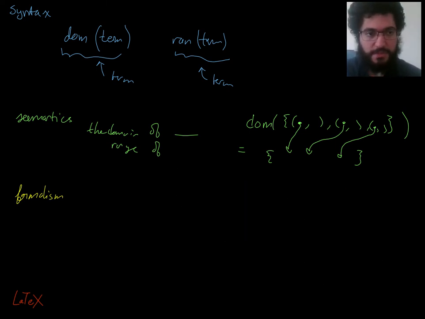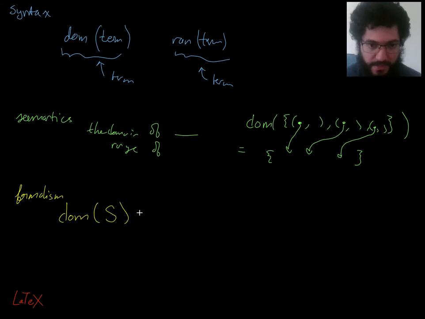Okay, now for formalism. So finally the definition. The definition of the domain of something, let me call it S, is, okay, so how are we going to do this? To define it, I have to use pretty much this notation, right?